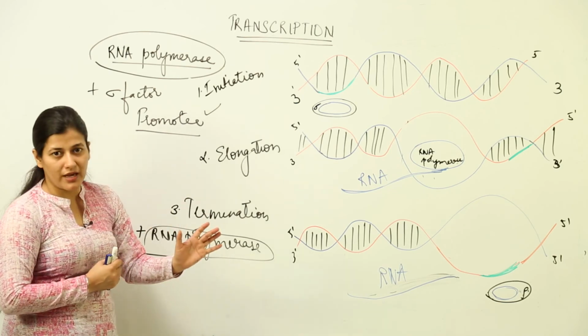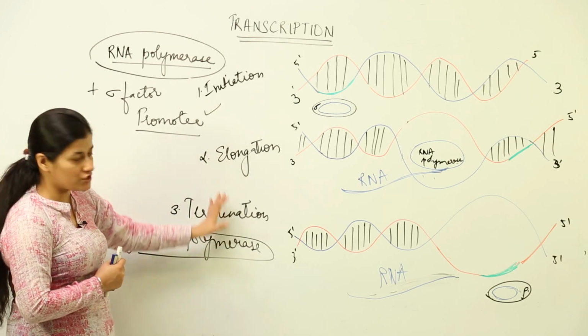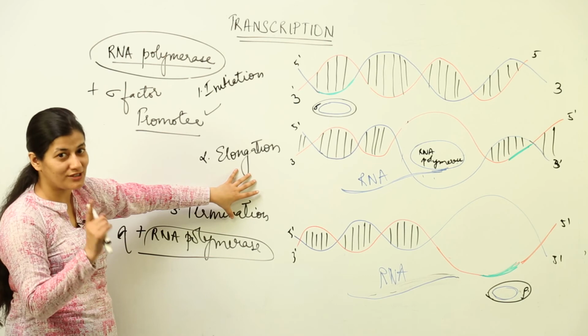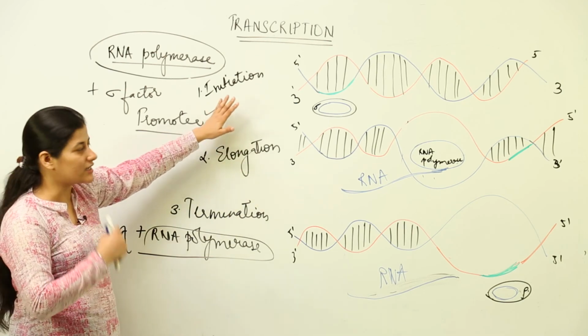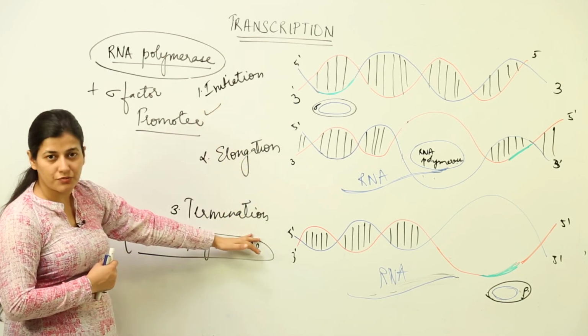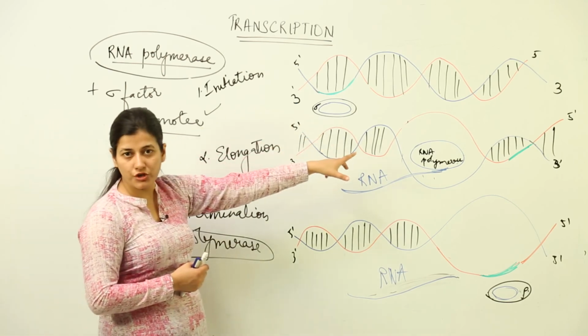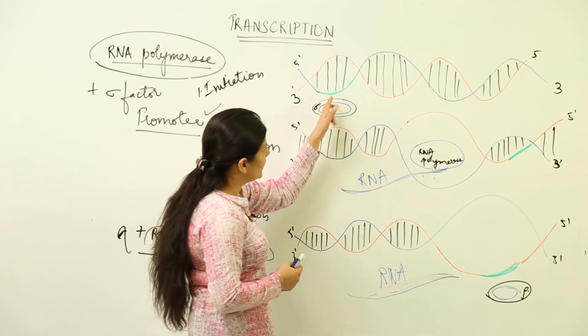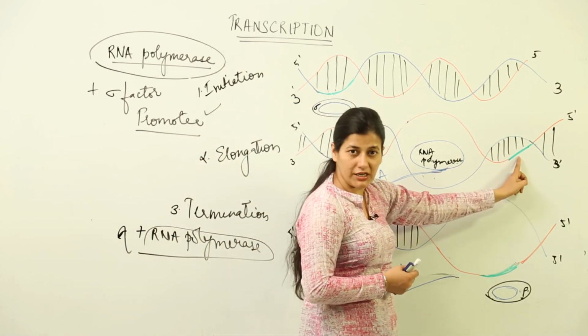Let us revise what we have studied. We have studied the three stages that are present in the process of transcription. Translation is in the next lesson. There are three stages of transcription which occur in the transcription unit, that is nothing but the structural gene which forms the RNA flanked between promoter and terminator.